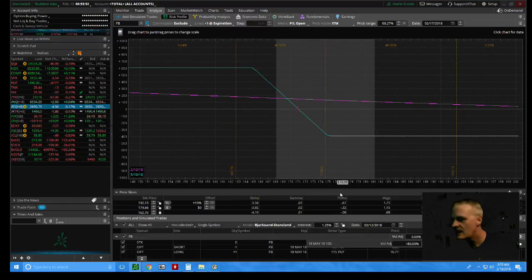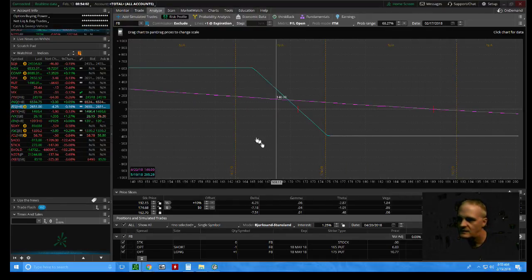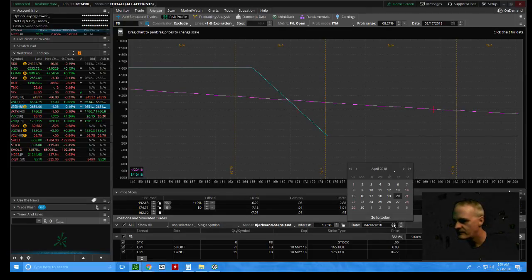As time deteriorates, let's fast forward to April expiration. It's going to help. Time decays exponentially the closer that you get to expiration.